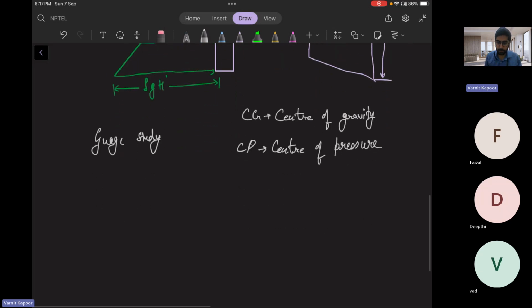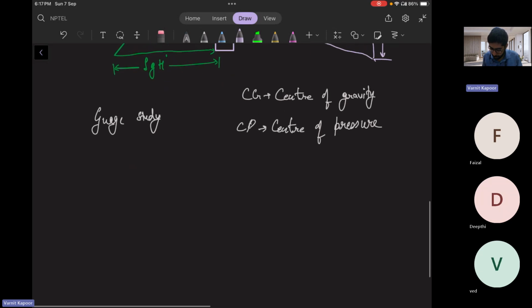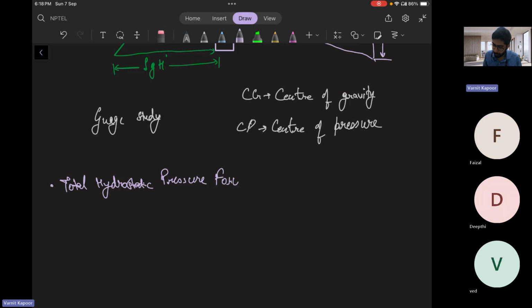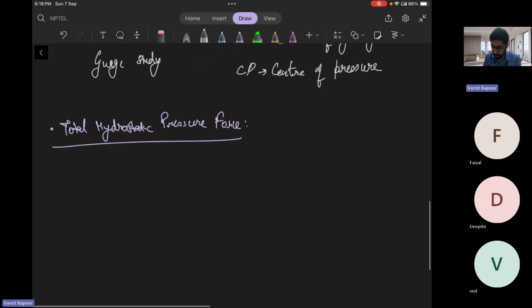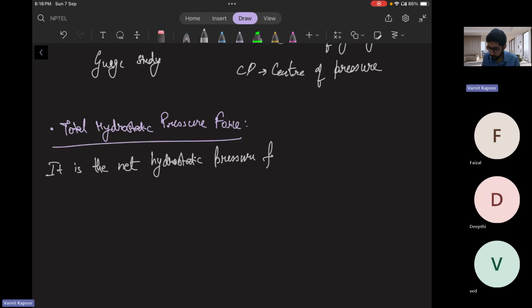The total pressure force is the net hydrostatic pressure force exerted by the fluid on the body.